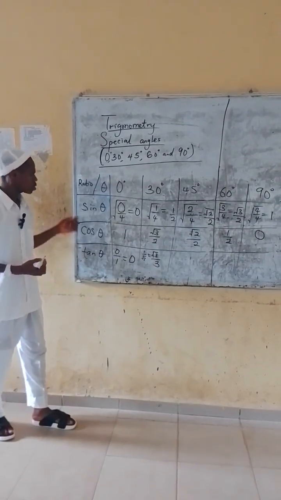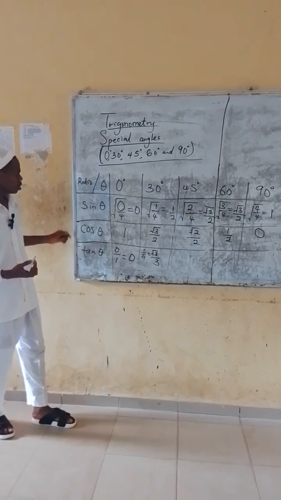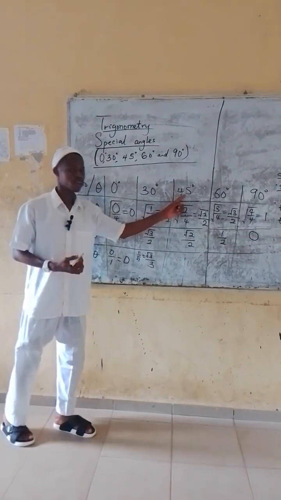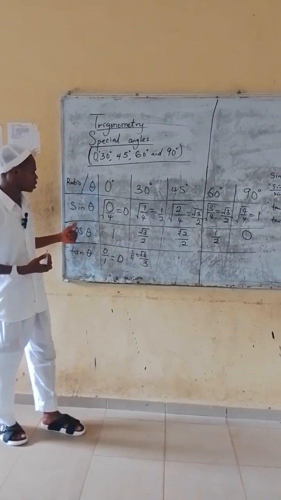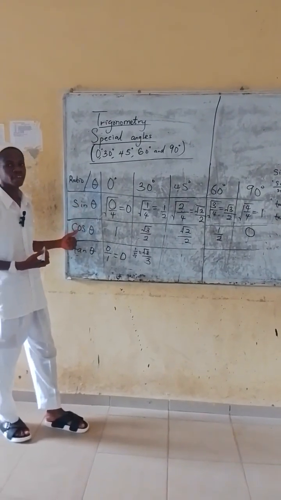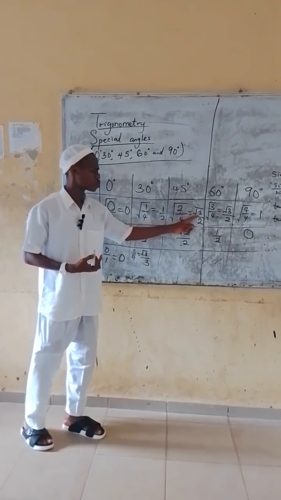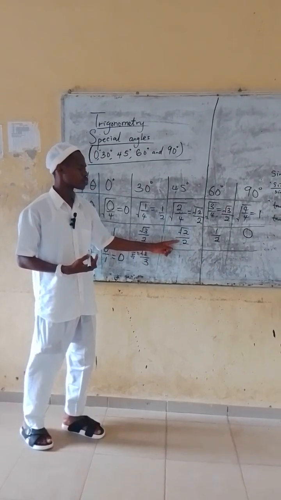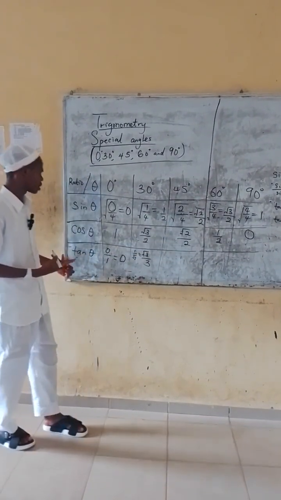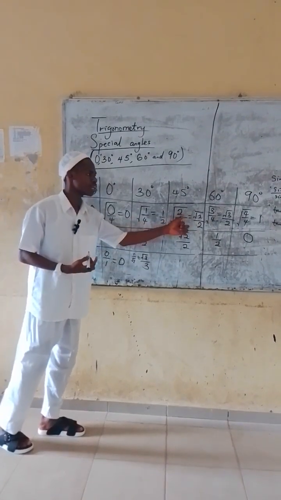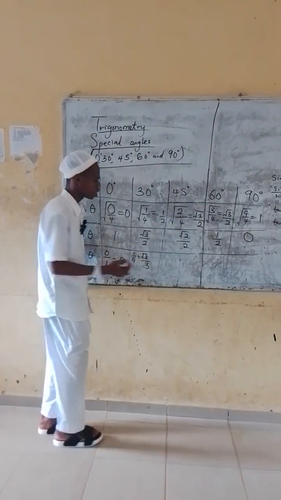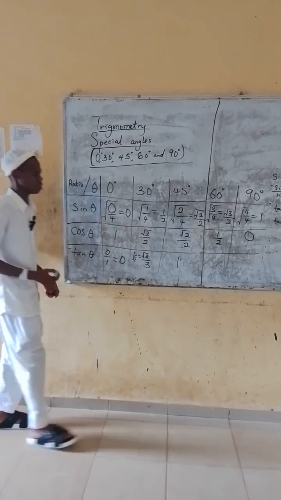Then the next one is to find tan 45. Tan 45 will be sine 45 divided by cos 45. Sine 45 is root 2 over 2, cos 45 is also root 2 over 2. Dividing the number by itself gives me 1. Tan 45 is 1.